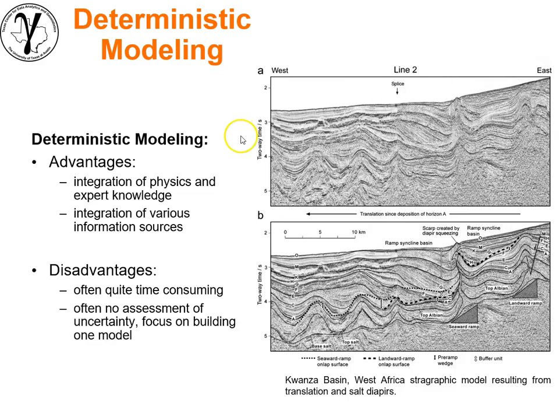And so a deterministic model like this one right here, Kwanza Basin, West Africa, it's a stratigraphic model based on the seismic information. It was based on great expert knowledge about this type of basin, the diapirism, the way that large-scale tectonics and loading and compaction and deposition and so forth all interact, accommodation and filling of sediments, a knowledge of all of that put together to build these beautiful models.